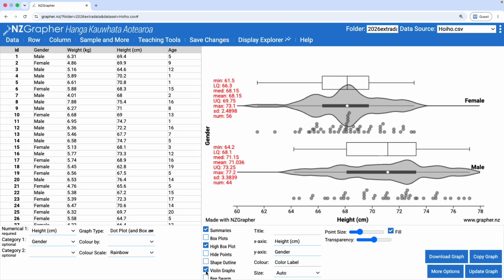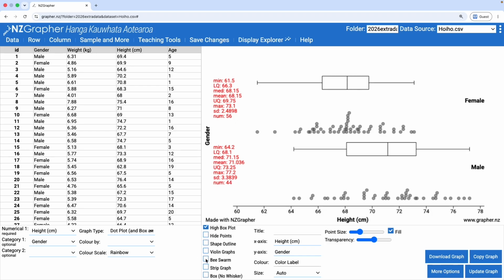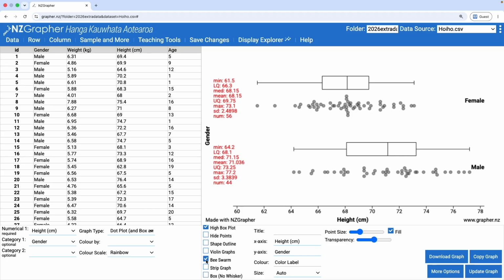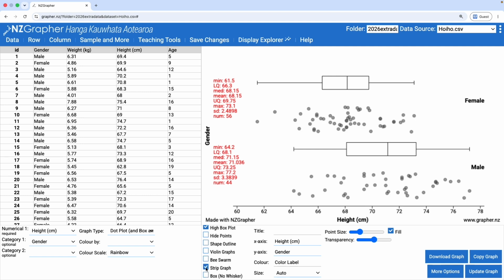The violin graphs go sideways because when I originally did them vertically I was told off. Bee swarm takes the points and just randomly distributes them around the middle. So it's just a different way of showing those things. Strip graph randomly puts the points anywhere inside the strip. When you've got quite large data sets, it can sort of help you see the density in there.